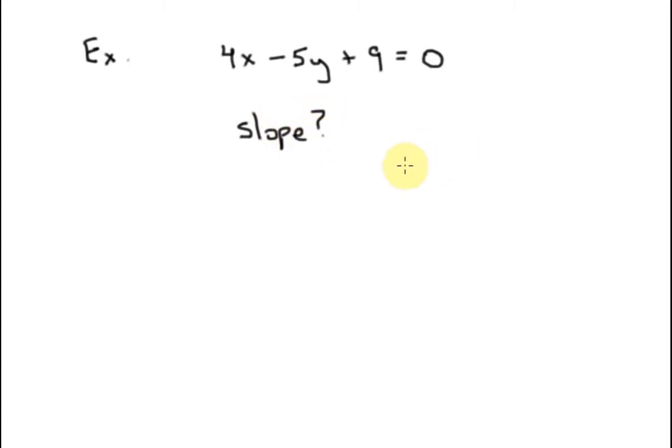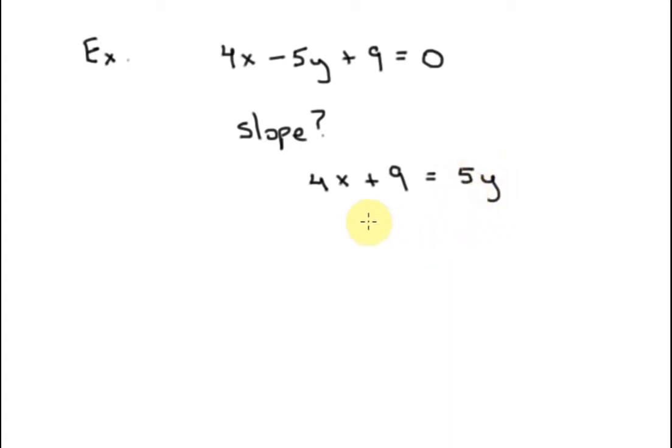Okay, so how do we do it? Well, the easiest way is just to rearrange this equation into slope-intercept form. So what I'm going to do is I'm going to add the 5y to the other side. So it looks like this. Okay, there's my 4x and my plus 9, and my 5y, I've added it so it becomes positive on the right side.